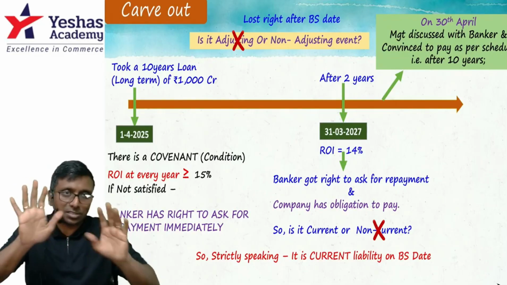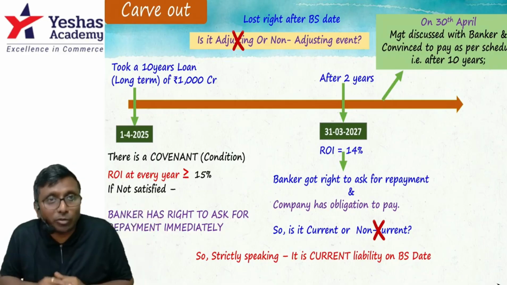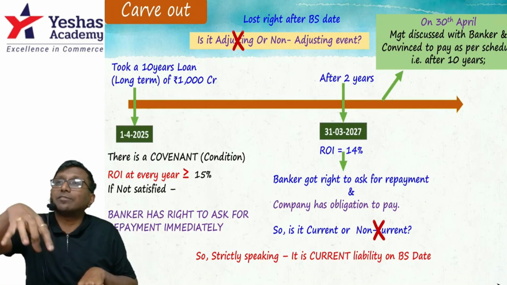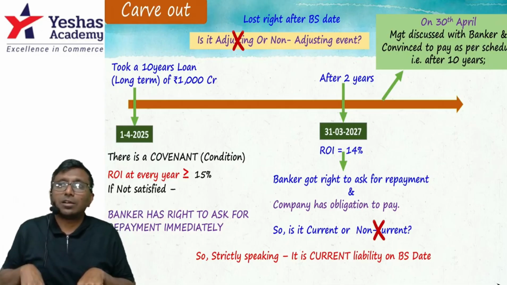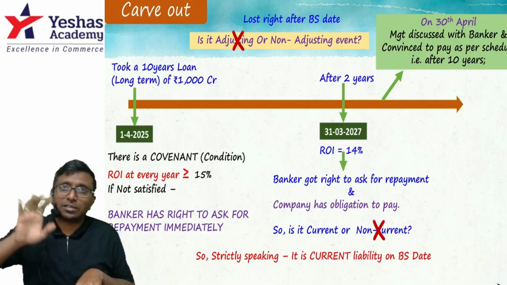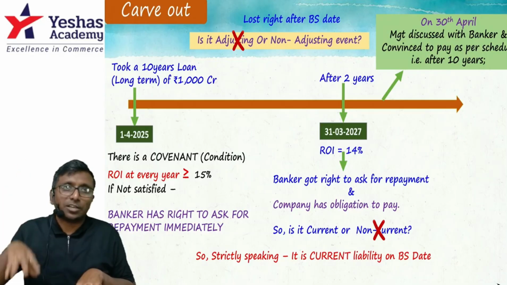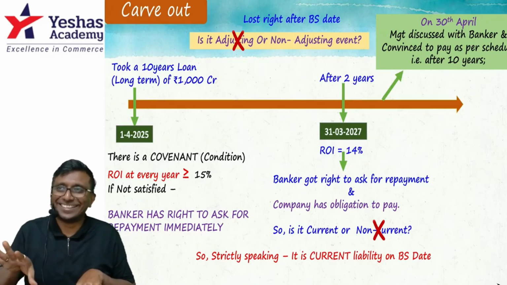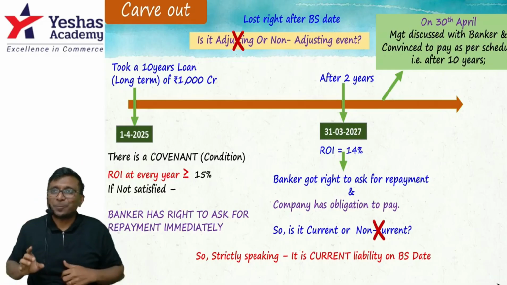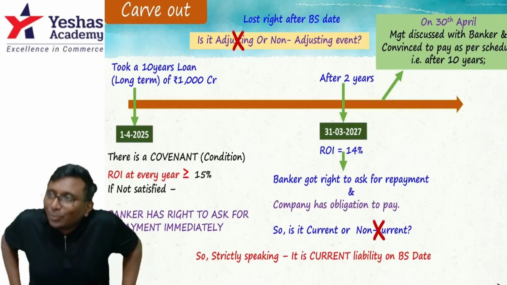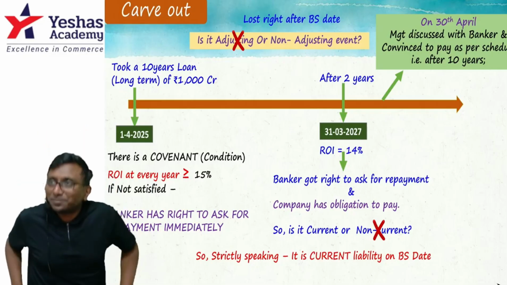Now, listen to the carve-out. This is what IFRS says. This is right. But India may have taken it differently. Again, how many of you are writing in May 27 or afterwards? May 27 or afterwards, whatever I am telling is not applicable to you. Until January 27, the carve-out is applicable.